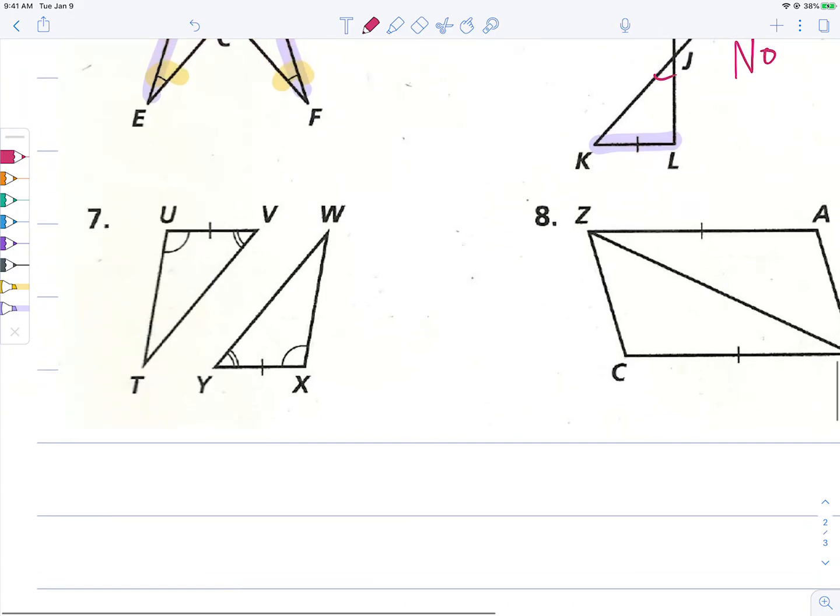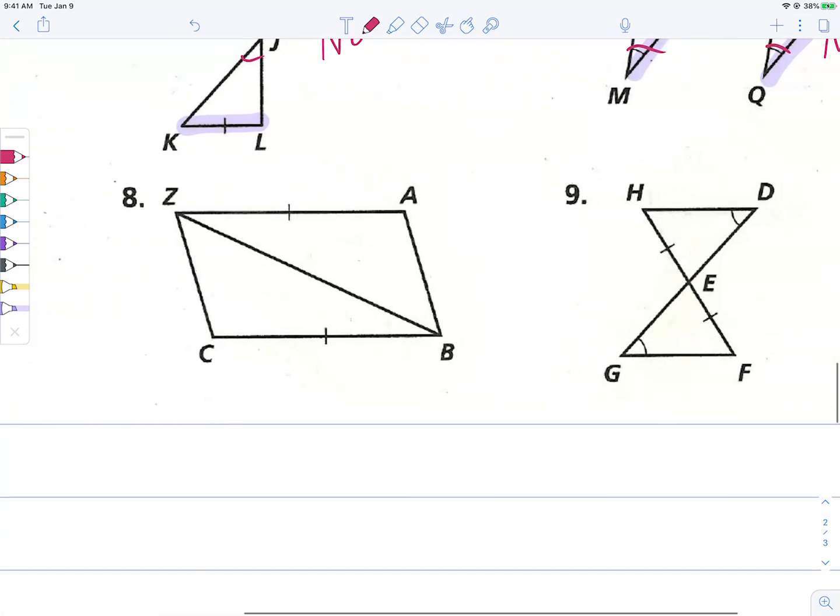Okay, number 7. We have the congruent sides. We have these congruent angles, and we also have these congruent angles. So if you look at where the sides are, they are included, so it's got to be angle, side, angle. This has to be in the middle of the two angles. Okay, two more.